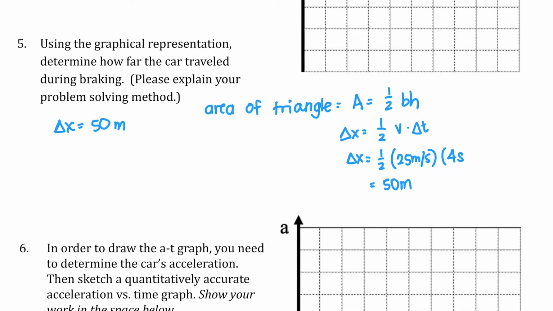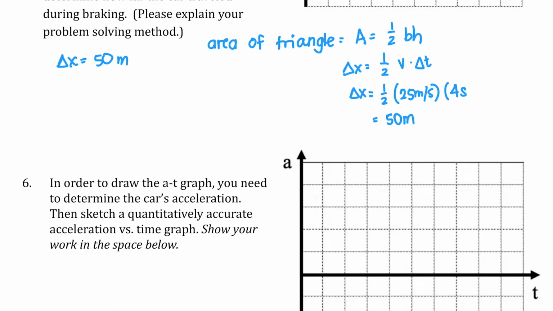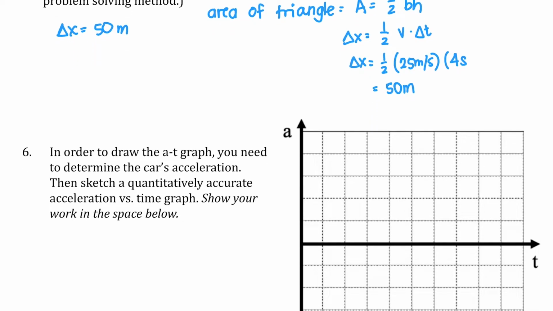In order to draw the acceleration time graph, you're going to need to determine the car's acceleration. So we are going to work out our acceleration, which is delta v over delta t. Our acceleration is 25 meters per second over 4 seconds, actually, this is where delta v comes in.